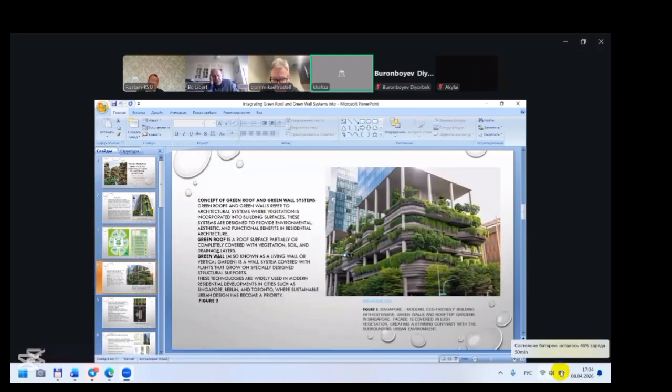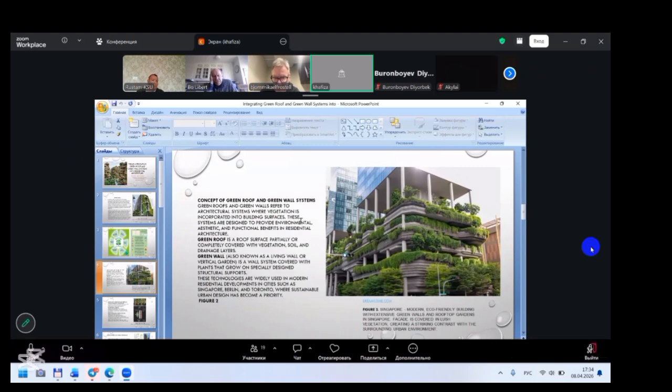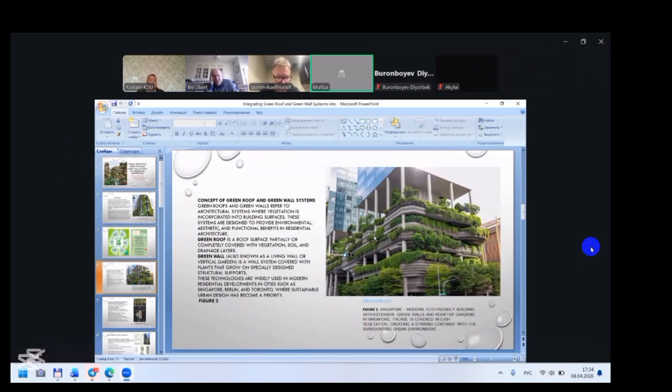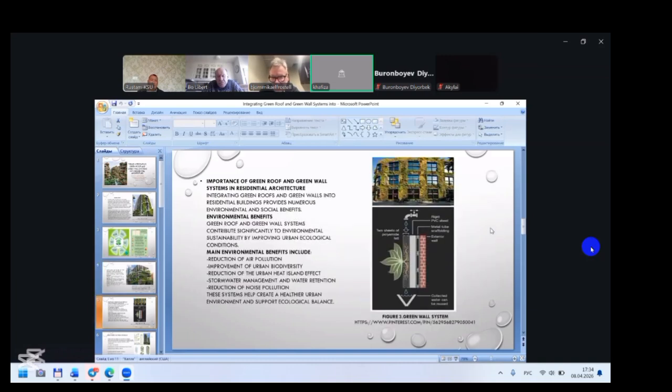In this picture is a modern eco-friendly building in Singapore, which has a facade covered with green trees and plants. Also shown are green wall and green roof structures.